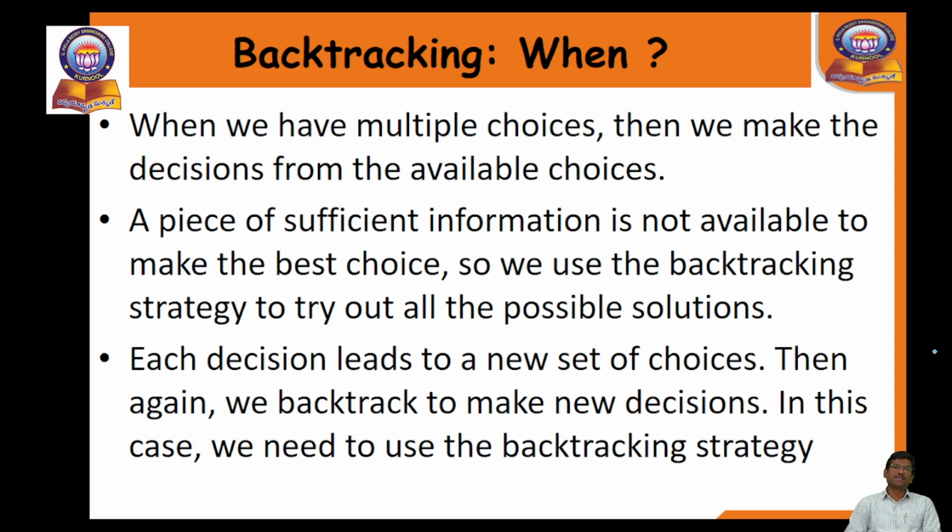In such cases, we start by taking the option equal to A, and then move to the next levels, and we filter out, or remove, the branch which contains C and A as adjacent letters. So each decision leads to a new set of choices. Then again, we backtrack to make new decisions. So in this case, we need to use the backtracking strategy.